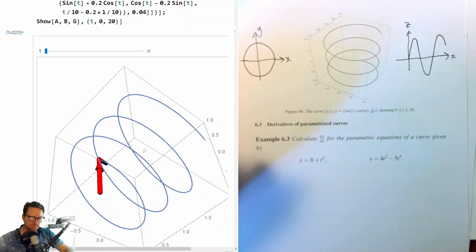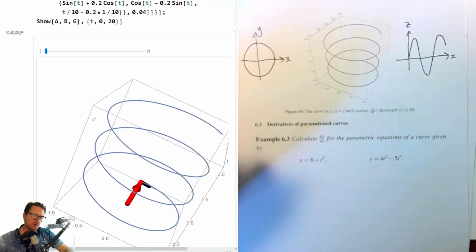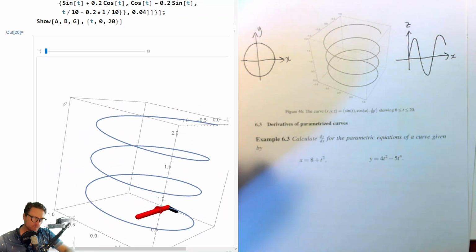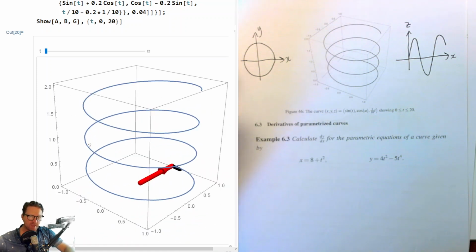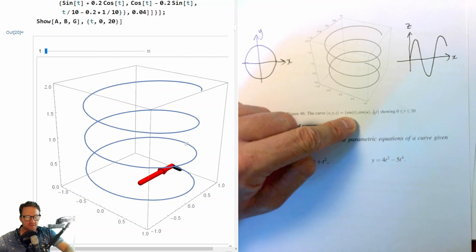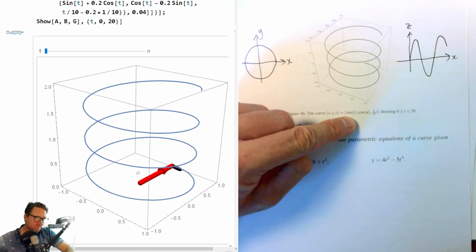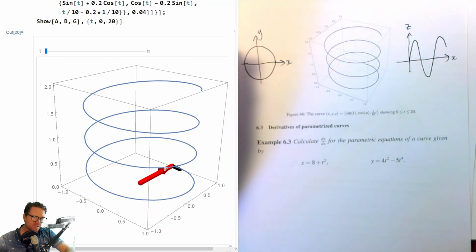Okay, now let's talk about the red and black arrows. Put this back. Remember, we also have a vector description of this parametric curve, and it is the vector from the origin to a given point r on there.